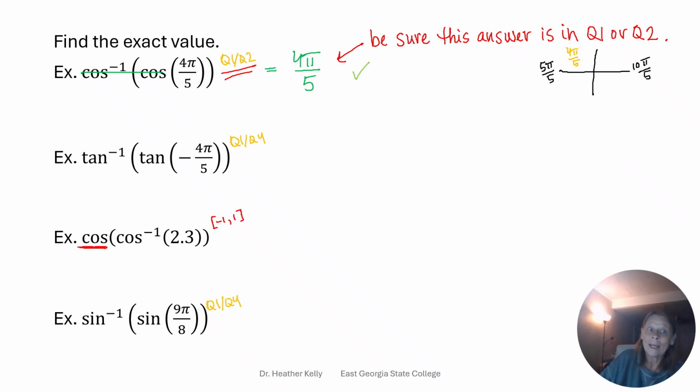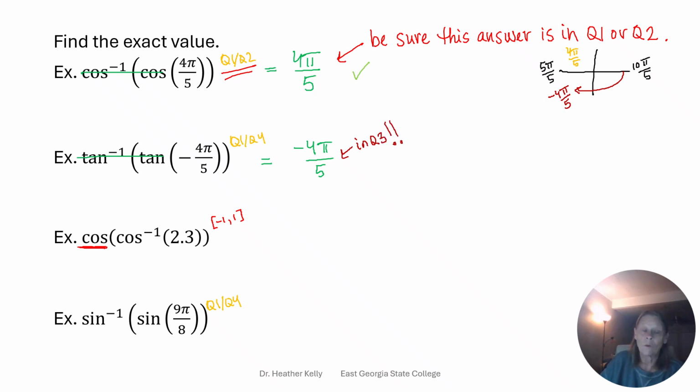So again, cloyingly easy looking until we get into something that isn't. So let's look at this one. Arctan and tan, they cancel each other out, and that leaves me with negative 4 pi over 5. So we're dealing with the pi over 5s again. And if we were to graph negative 4 pi over 5, it would be over here, and that is in quadrant 3.